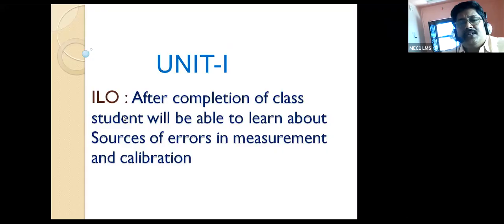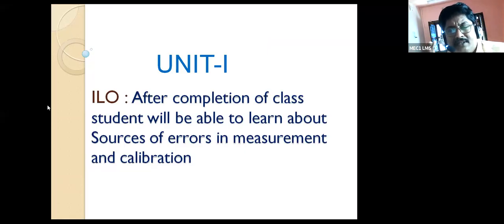And the next, today we are going to discuss the sources of error in measurement and calibration. After completion of this class, you can learn what the types of errors are, and in which way the sources of errors occur, and calibration.